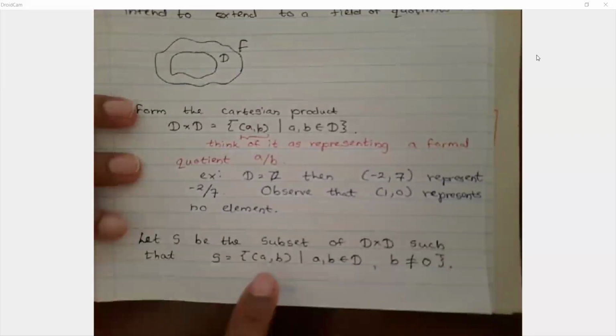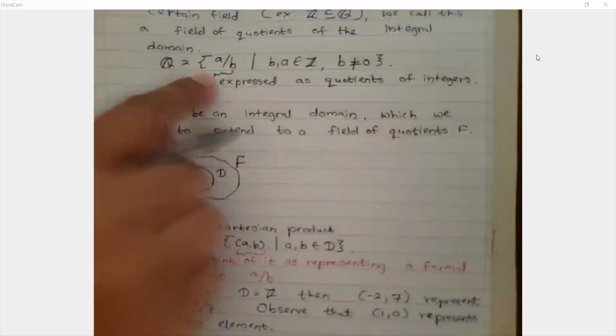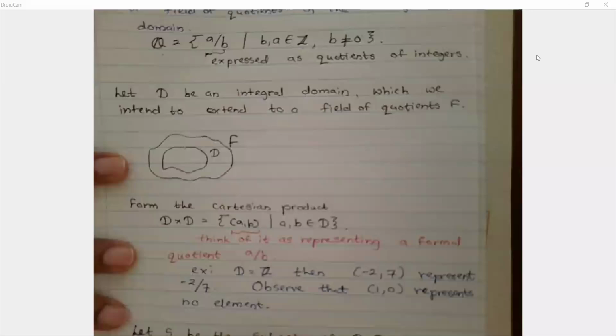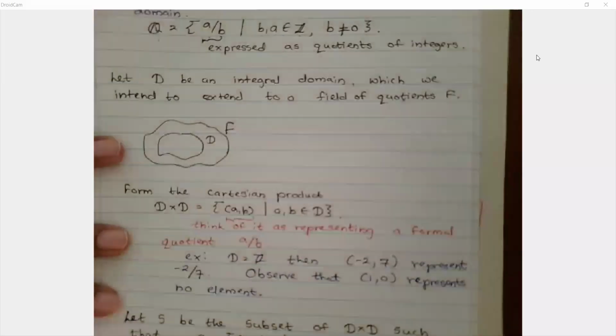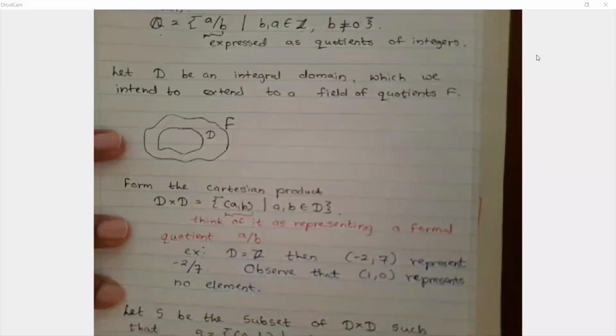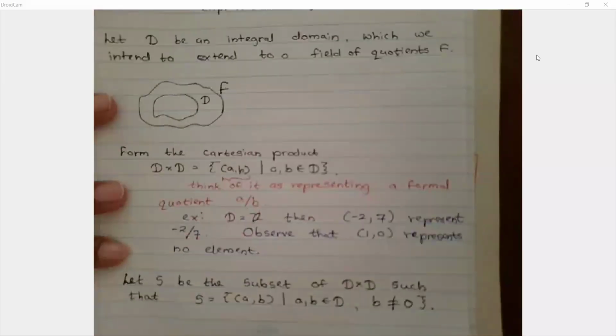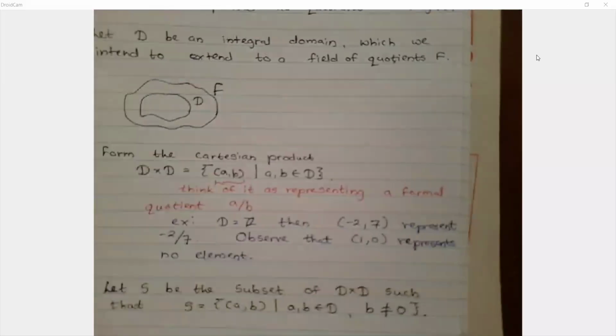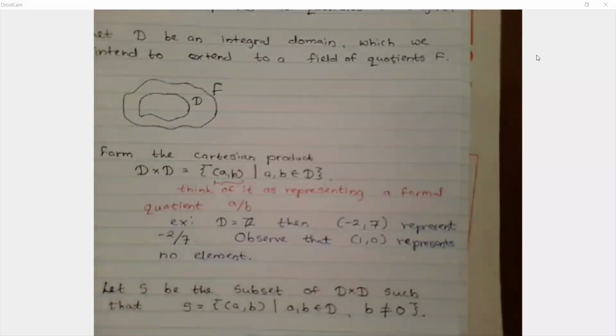Now, if you compare this to this one, right? They are almost the same. You have this first element, which is expressed as a quotient, and this pair, you think of it as a quotient of A over B. The conditions are the same. You're taking the two elements from the integral domain. This element B is non-zero in both cases, right?